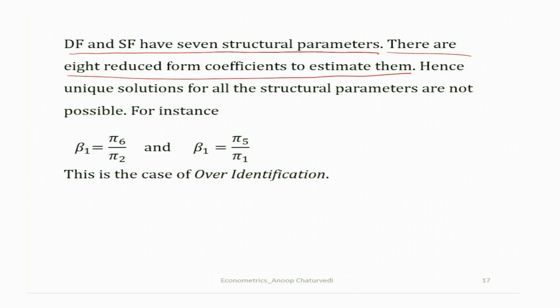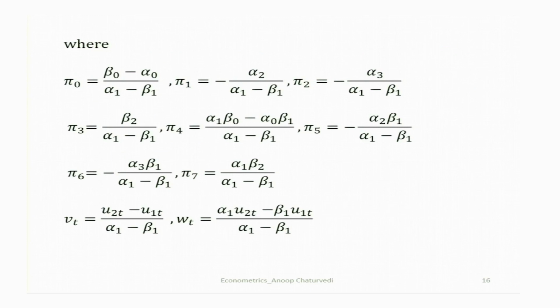So, for example, you take this pi 6. If you divide pi 6 by pi 2, then you obtain beta 1.